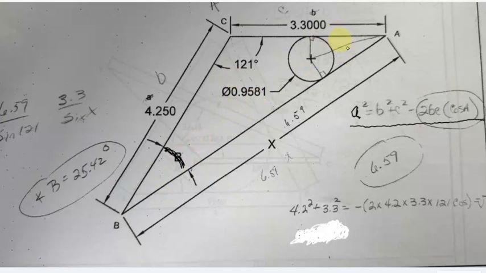So since this is angle C, we're going to call this side C. So we're going to use C squared is equal to, we know A, call this A because it's opposite angle A, is equal to 4.25 squared.